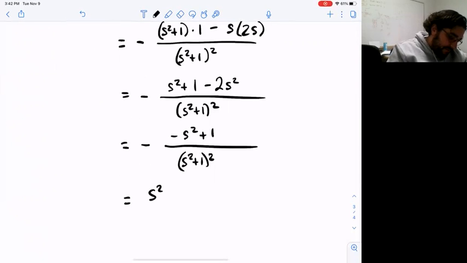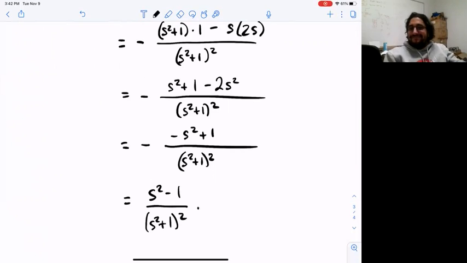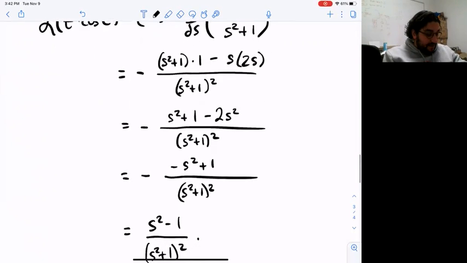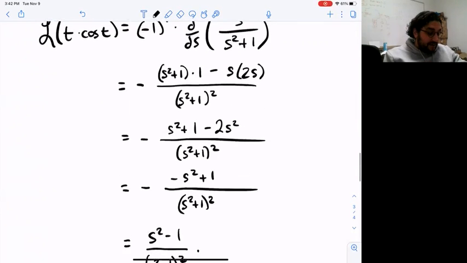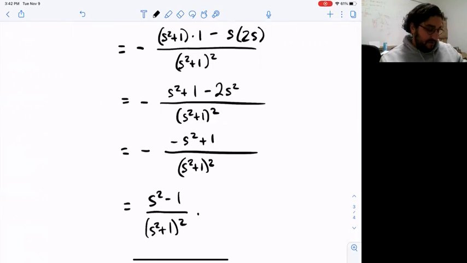Put the negative through. And we're done, right? So there we go. We just calculated the Laplace transform of t cosine t. There it is: (s squared minus 1) over (s squared plus 1) squared.